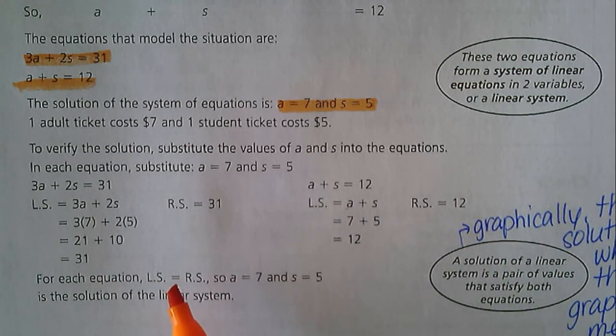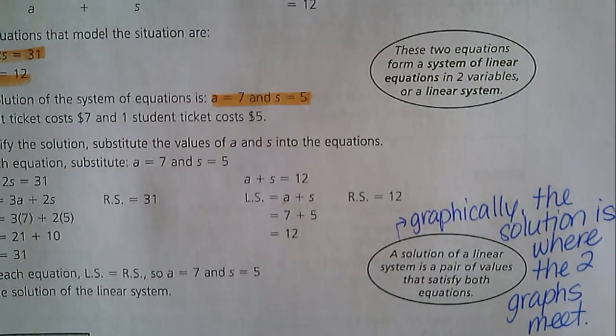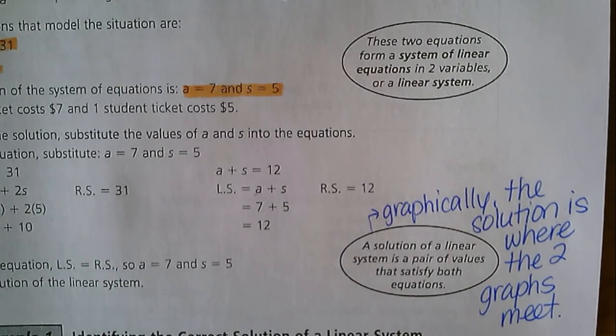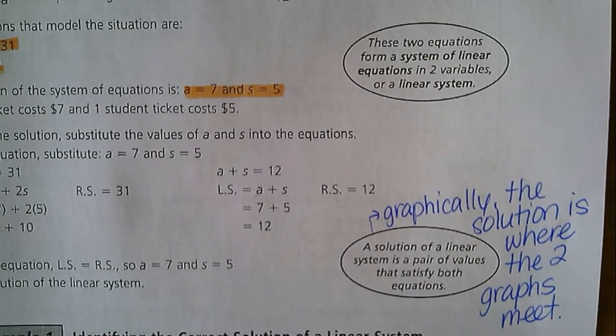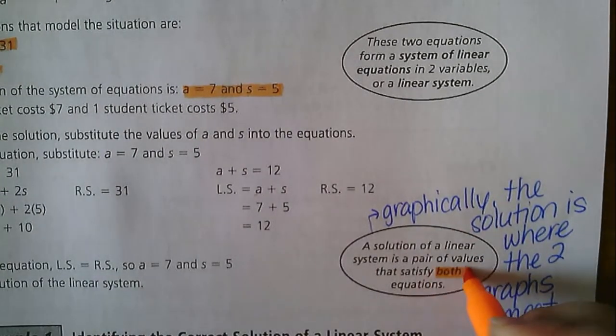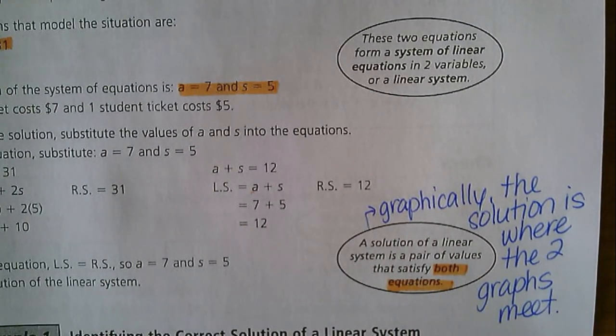For both of our equations, the left side is equal to the right side. So A equals 7 and S equals 5 is the solution to the linear system. Now, again, the solution to a linear system is the pair of values that satisfy both equations. So if the answer does not work for both equations, then it is not the correct answer.